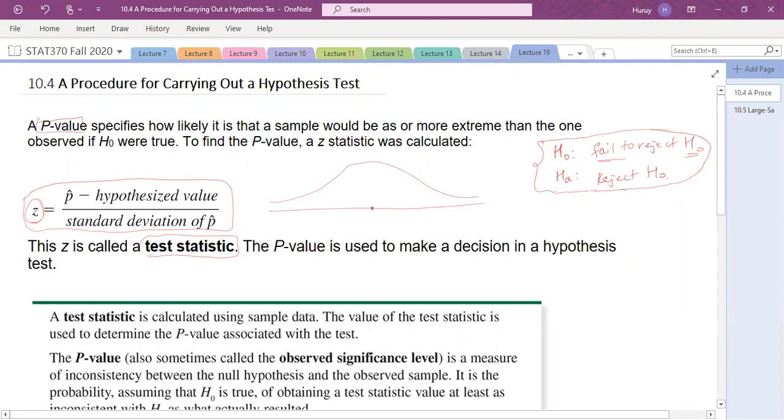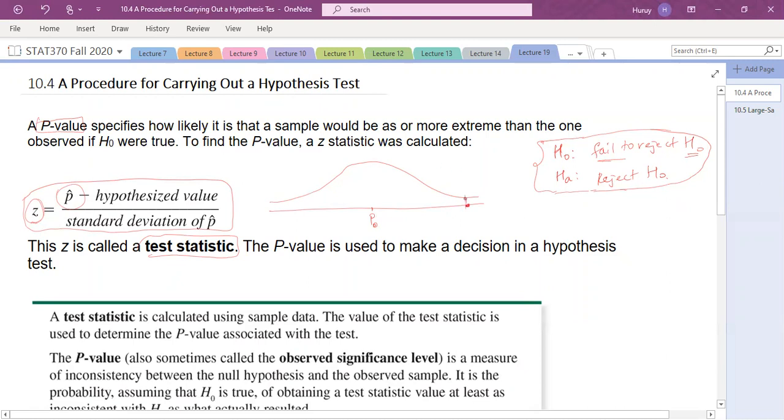Suppose at the center we have the population parameter, let's call it p sub 0. And when we standardize the p hat, this is the standardized form of p hat. It's somewhere in here, suppose.